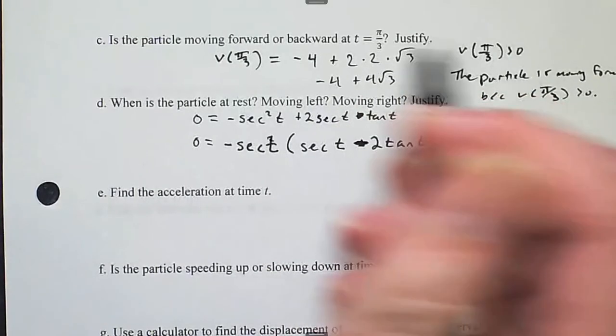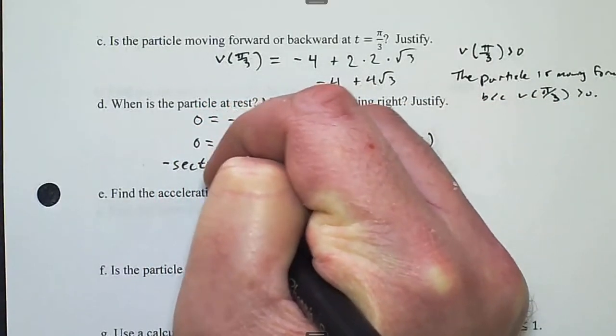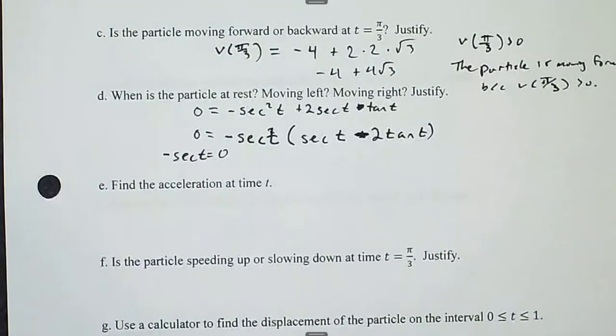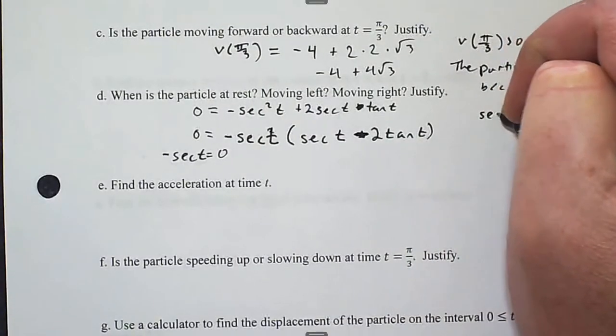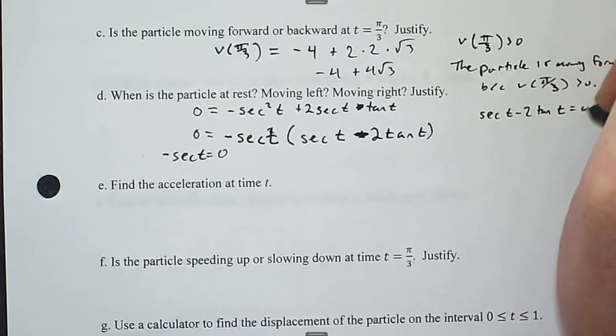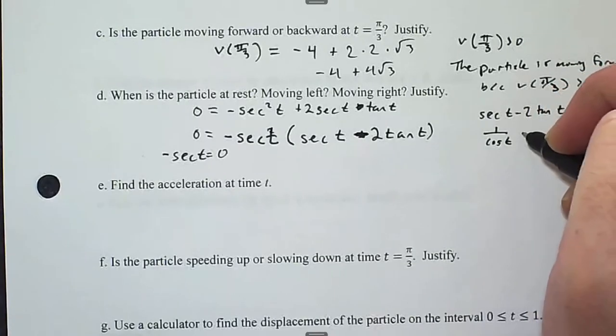Okay, so let's set each factor equal to 0. If I set negative secant t equal to 0, I get no solutions from that because secant never equals 0. Secant is 1 over cosine. The only way that a fraction can equal 0 is if the top equals 0, and 1 is not 0. So all we're left with solving is secant t minus 2 tangent t. Secant is 1 over cosine, so we'll go ahead and make that change.